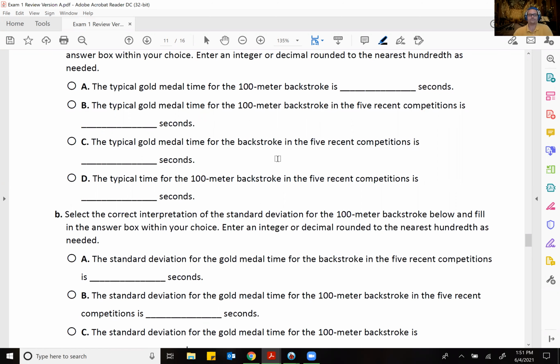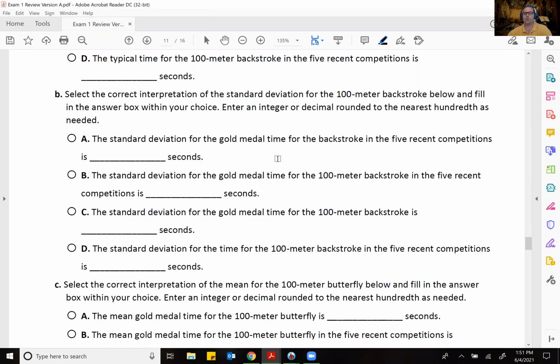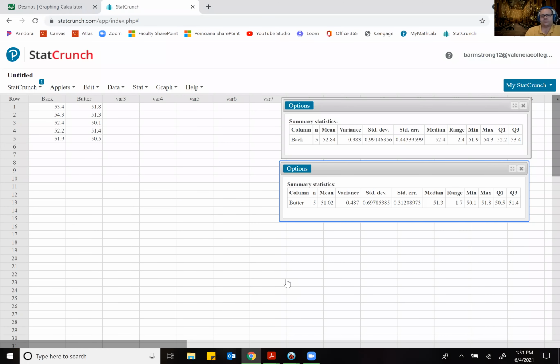All right. So part B wants to know what is the standard deviation. And again, you're going to round to the nearest hundredth. So let's grab the standard deviation. What is the standard deviation for the backstroke? 0.99.